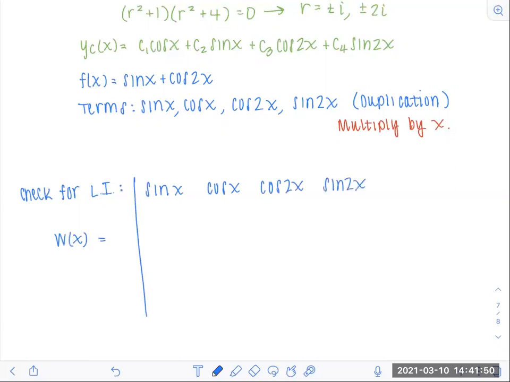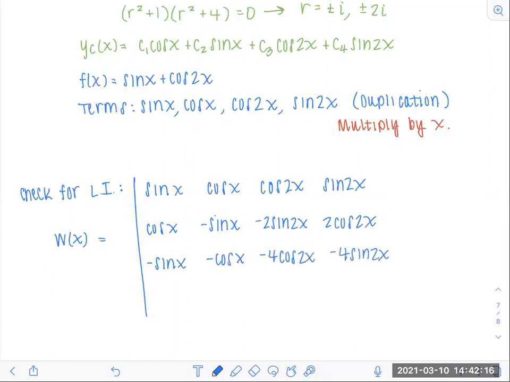Then I'm going to write their first derivatives in the second row. And then another set of derivatives. And finally, the fourth row is going to be the third derivative.